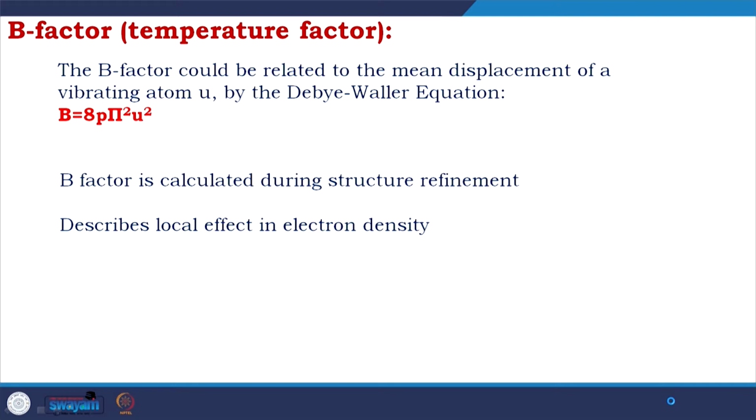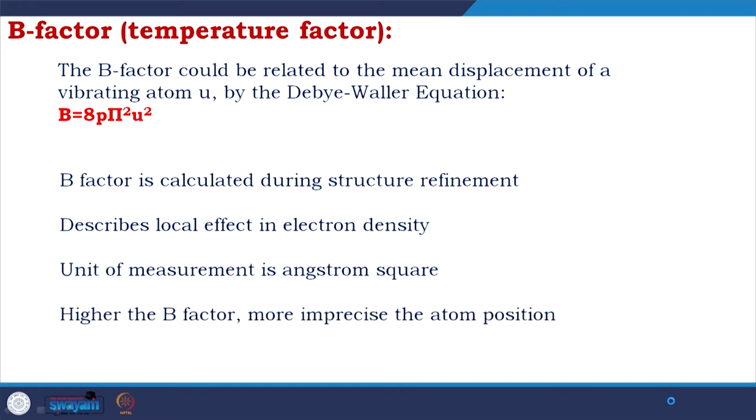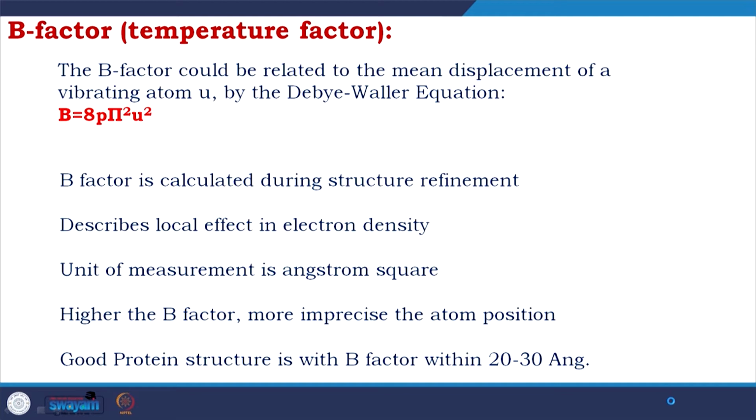If electron density is low, you will find a high B factor. The unit of measurement is angstrom square. The higher the B factor, the more imprecise the atomic position. A good protein structure has a B factor within 20 to 30 angstrom square.